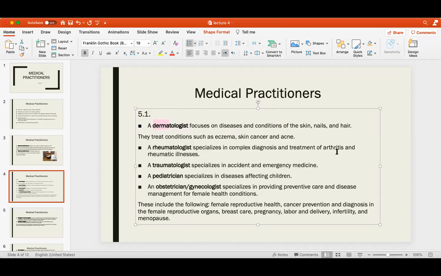So, arthritis, what is the meaning of arthritis? If you remember from the first lecture, arthro means joint. And itis means inflammation of. So arthritis means inflammation of the joints.